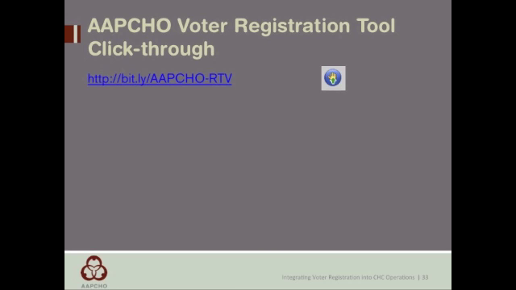The collection of this information and its management is going to be integrated into another tool that APCHO is providing as a new benefit to its members, and we are currently calling it our grassroots advocacy management tool.